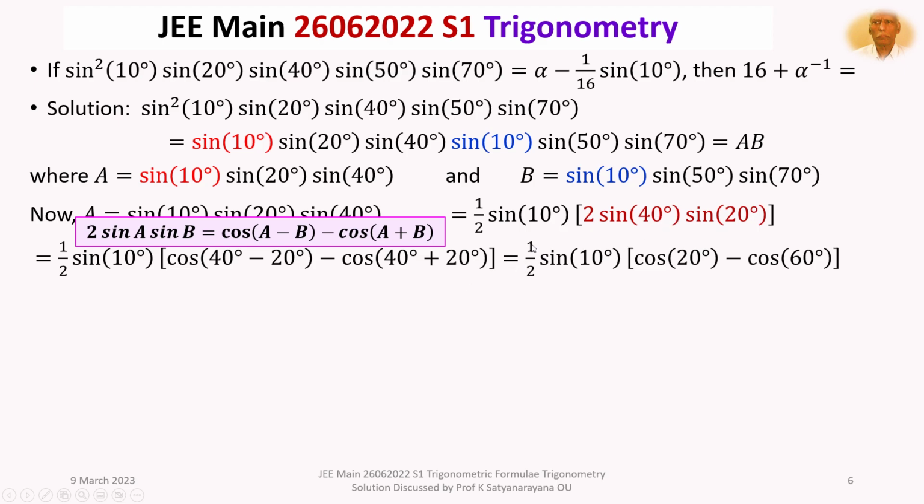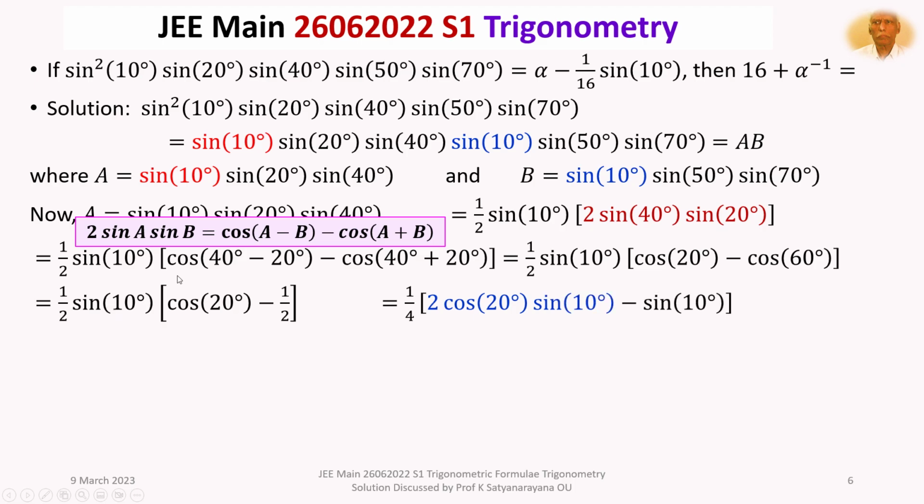Then we get 1 by 2 into sine 10 degrees into in brackets cos 20 minus cos 60. Cos 60 is equal to sine 30, which is equal to half. So we write down 1 by 2 sine 10 degrees in brackets cos 20 minus 1 by 2.